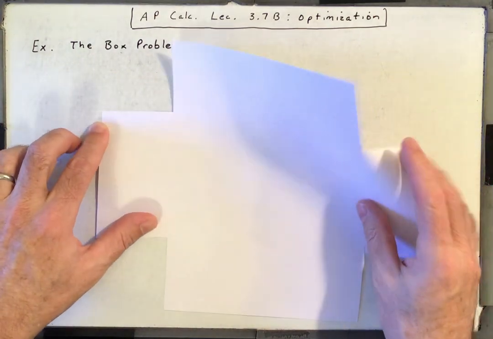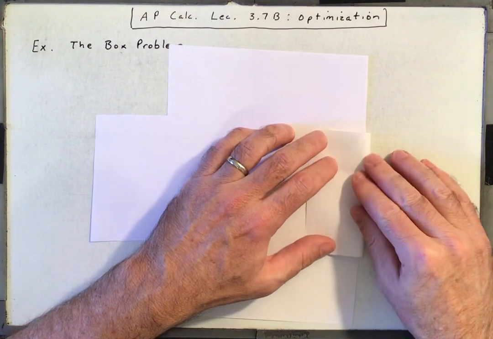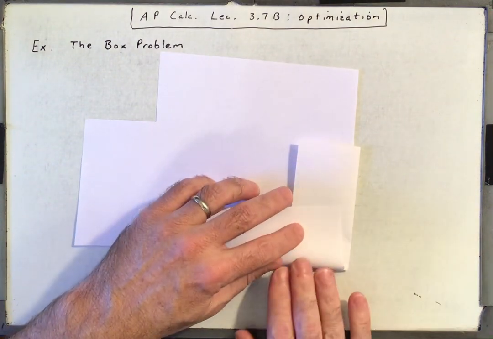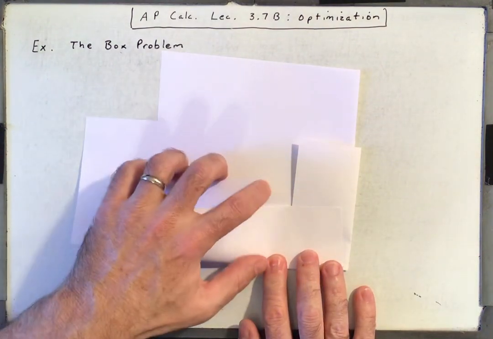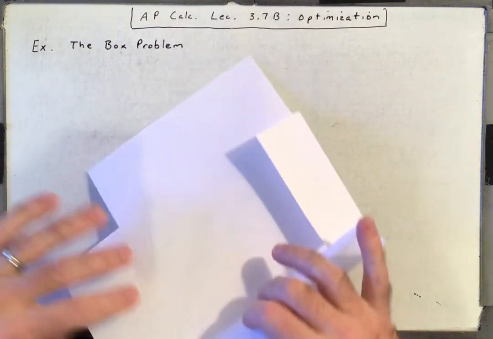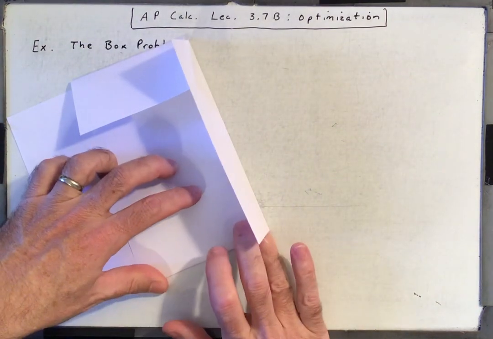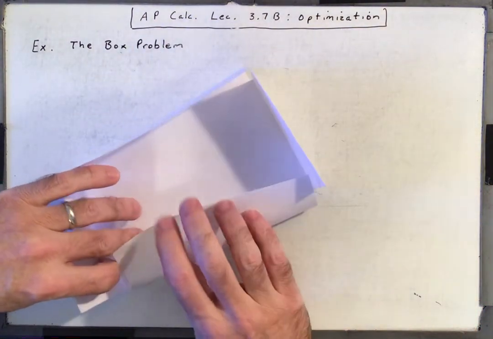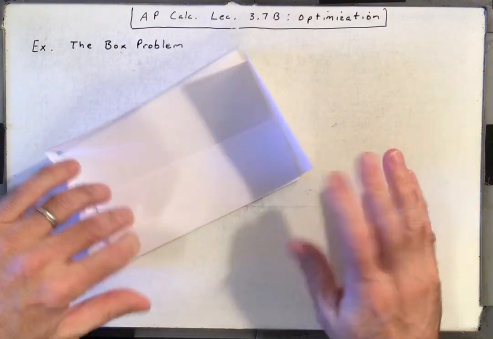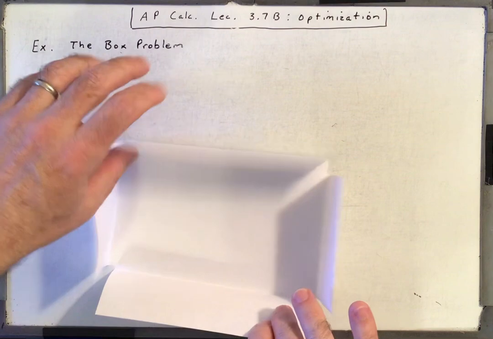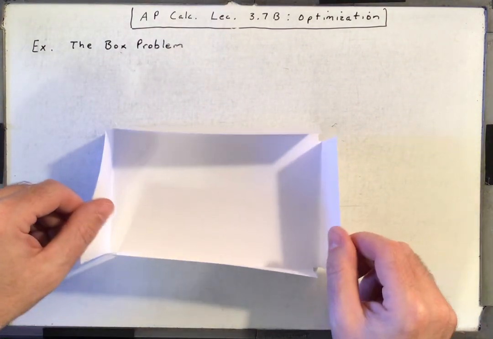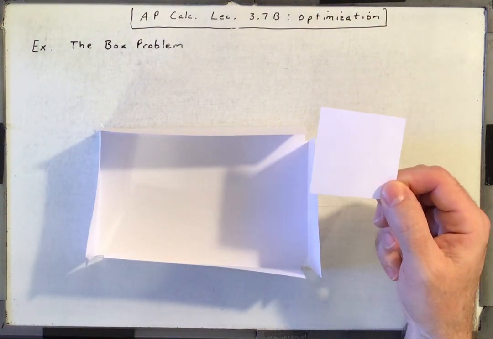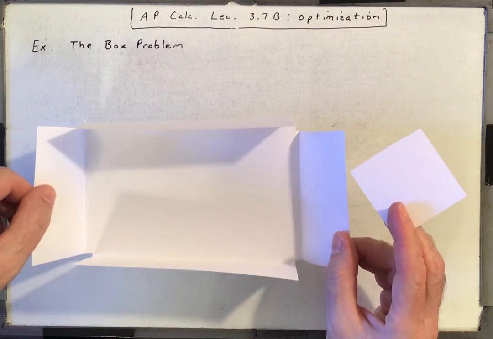And then when you cut the squares out, if you fold like this, and like this, you would have an open box. And we want to find the size of these squares that, if we cut them out, would maximize the volume of this open box.